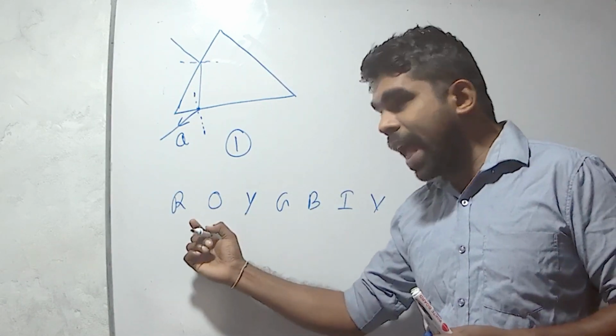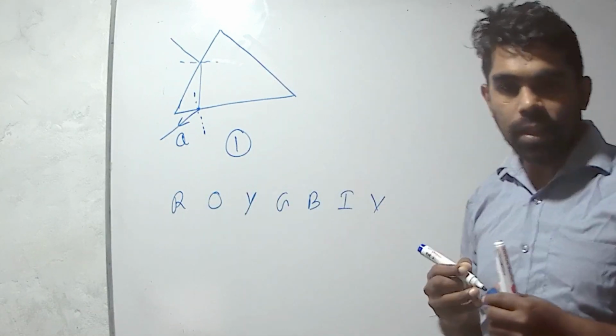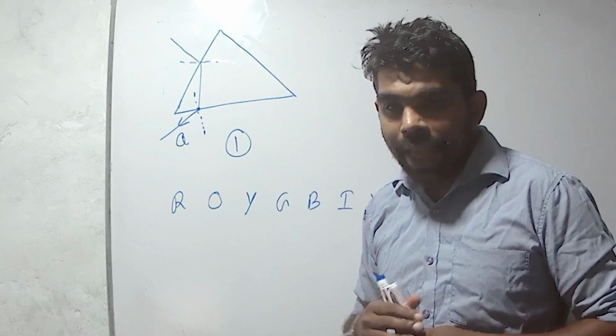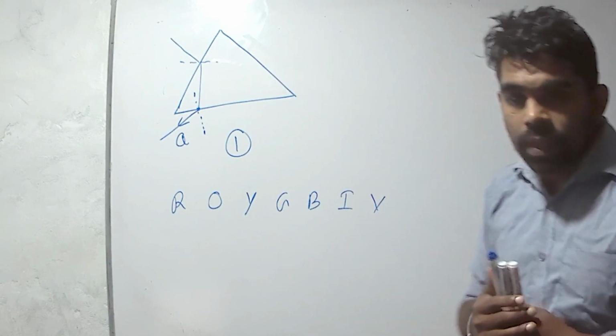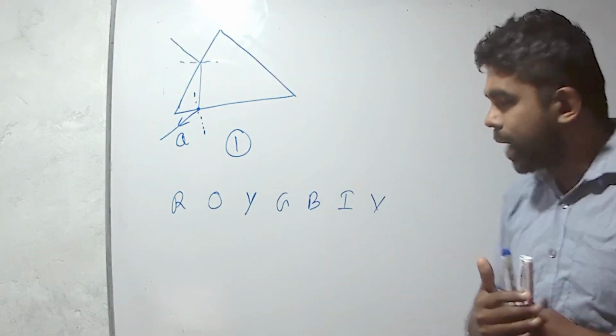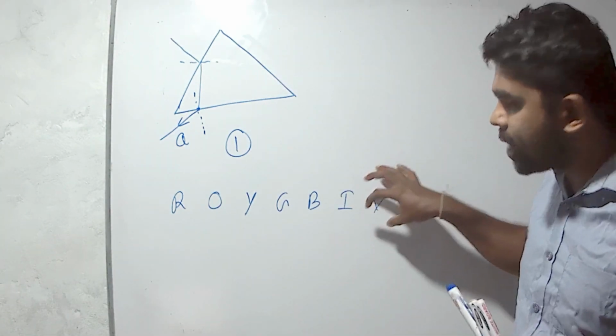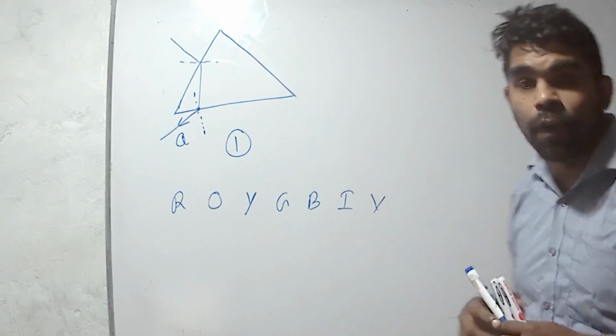The deviation angle is increasing from red to violet. Then they have asked which color the angle of deviation is greatest for. We can observe the greatest angle of deviation for violet.